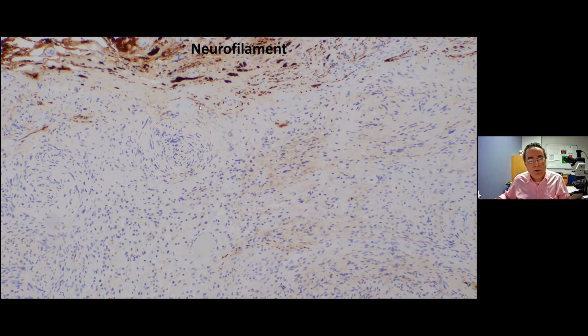So here we have a neurofilament, and this is the tumor. You don't see any neurofilament at all within the tumor. So this is supportive evidence that this is indeed a tumor of the periphery of the nerve and not of the nerve itself. At the periphery, you can see some neurofilament positivity, and this is a little fragment of the nerve from which the tumor arose.